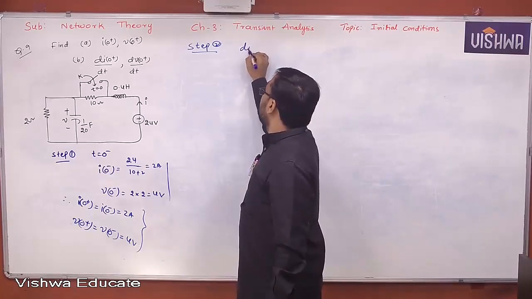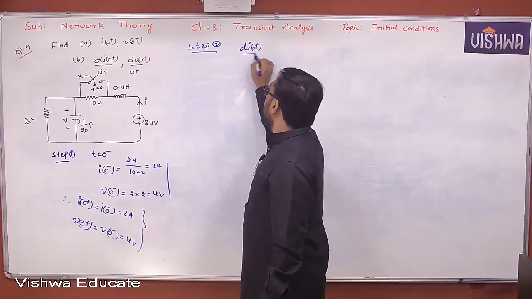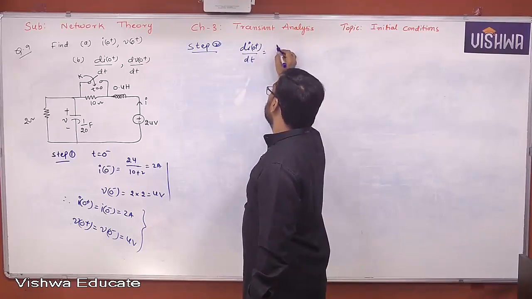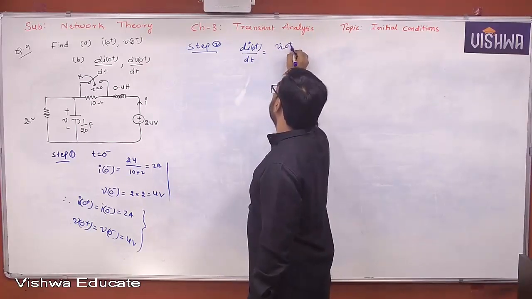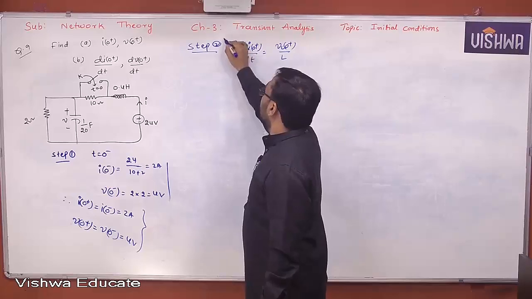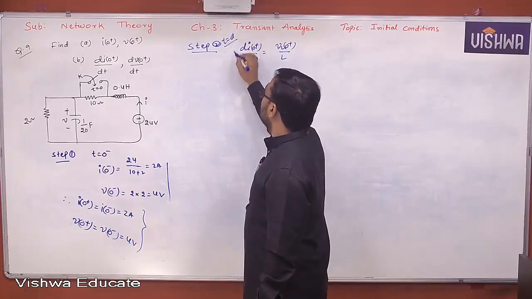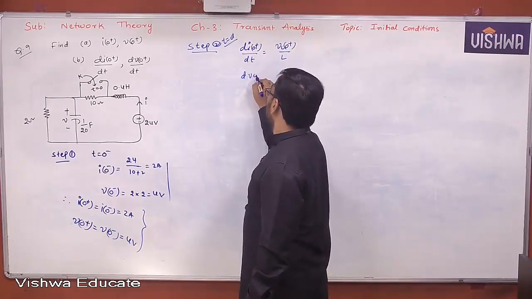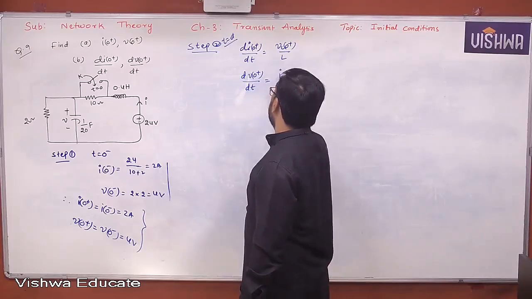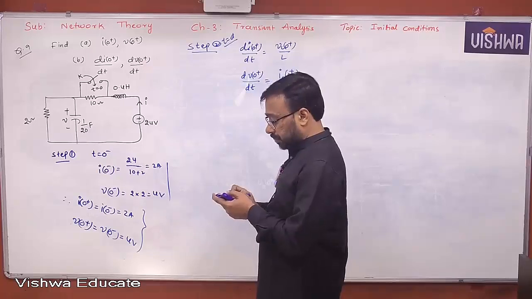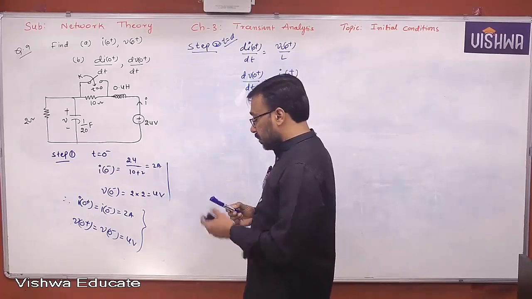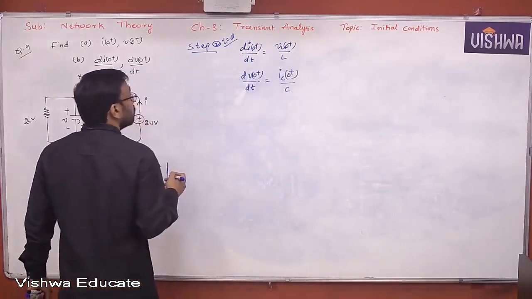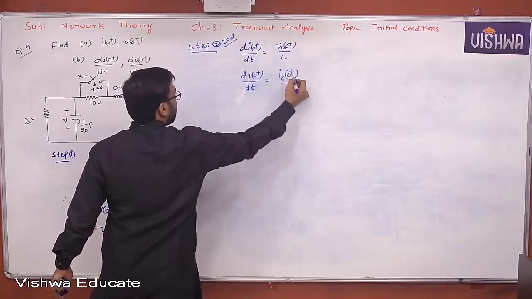Because di of 0 plus by dt is nothing but VL of 0 plus by L. So now let us go for step 2, t equal to 0 plus. dV of 0 plus by dt is nothing but IC of 0 plus by C. So I need to find VL of 0 plus and IC of 0 plus.